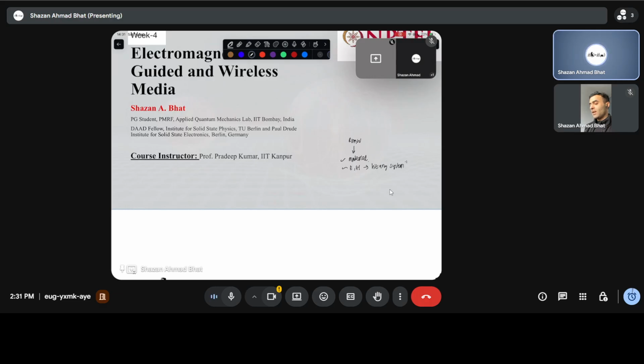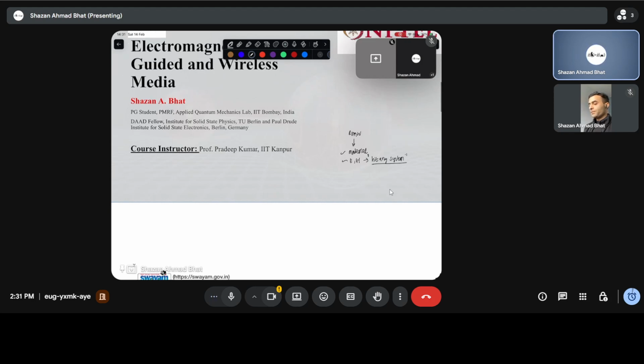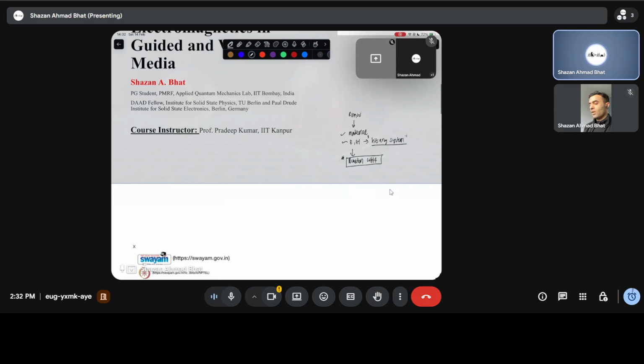By hitting, I mean when they interact with a certain dielectric or a conductor, what is going to happen to these electric and magnetic field components in an electromagnetic wave. Today it will be a different session, in the sense that we will be mostly solving questions from week 4, which will cover most of the concepts discussed in week 4.